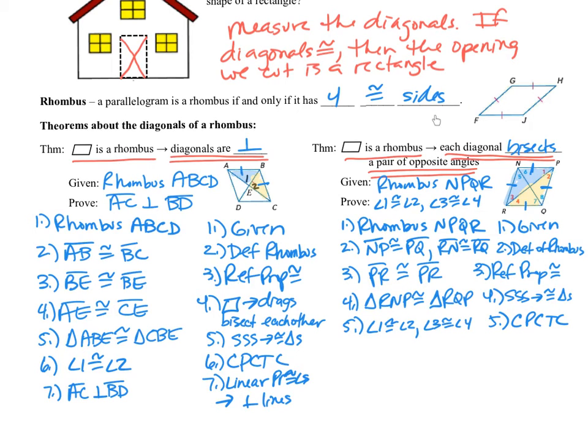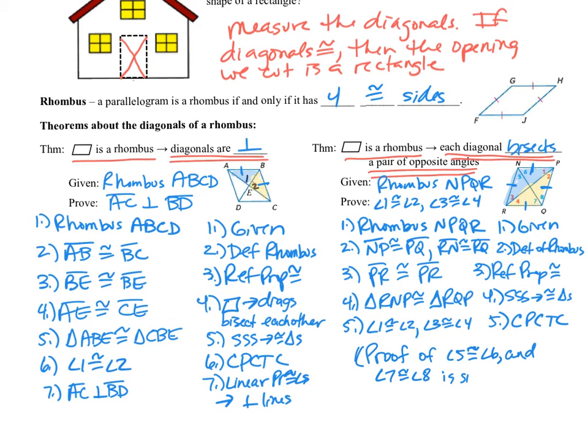So you could see that we could write a similar proof to prove that angle 5 is congruent to angle 6 and angle 7 is congruent to angle 8. In other words, that NQ also bisects that. Let's just make a note that the proof of angle 5 being congruent to angle 6 and angle 7 being congruent to angle 8 is similar.